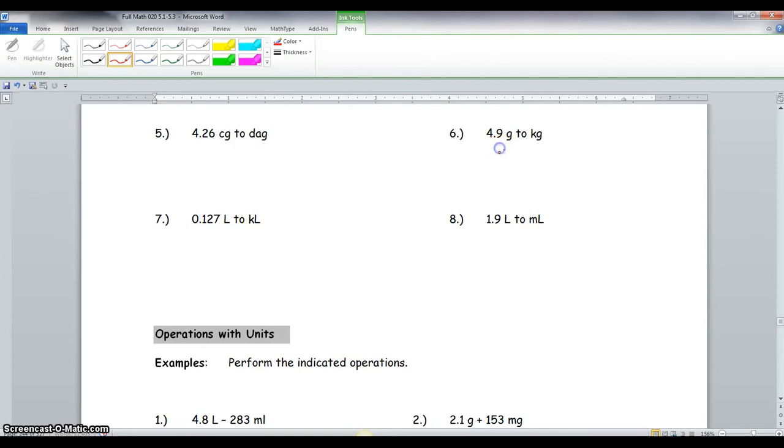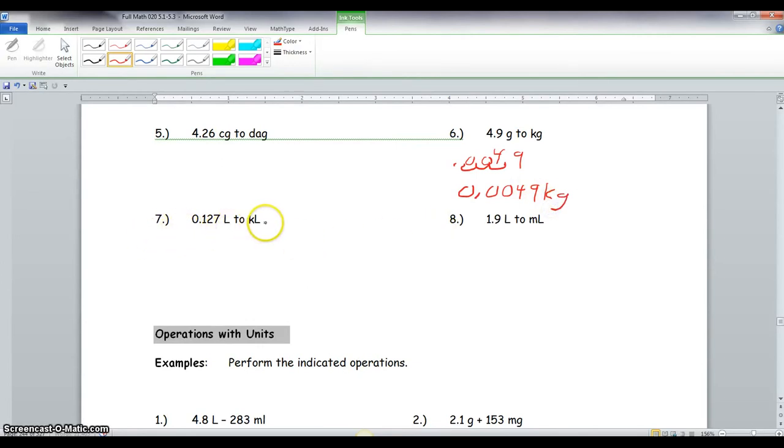So we will have 4.9, and we need to move 3 places to the left. 1, 2, 3. So we'll put these zeros here, and we know our decimal will be here. So our final answer would be 0.0049 kilograms.